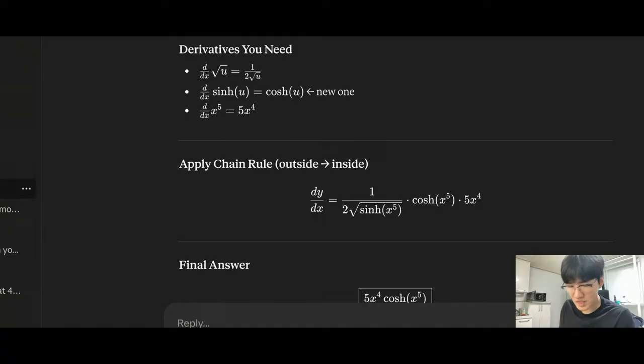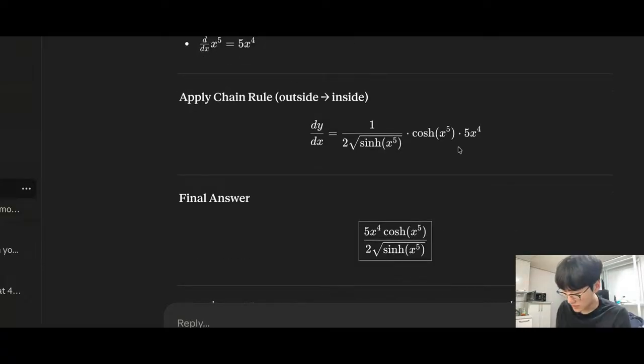Okay. So you take the derivative of the outer layer first again. The square root always goes 1 over 2 times the square root of the inside values, times the next one, sinh, which is cosh of the value inside, which is x to the power 5. And the last one, x to the power 5, which is 5 times x to the power 4. Oh, you just multiply.